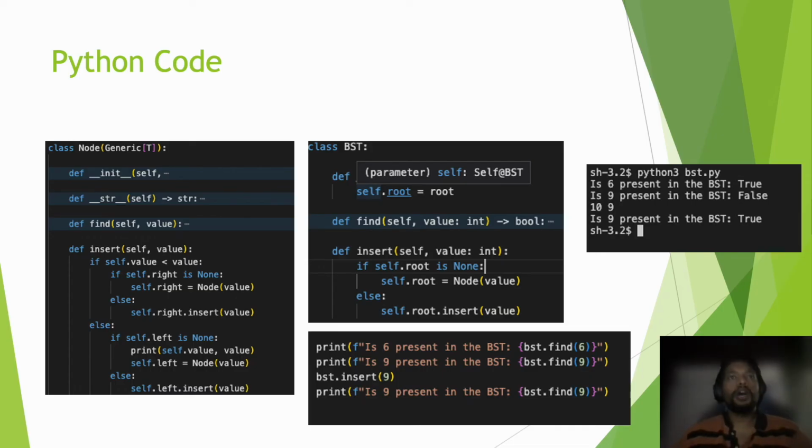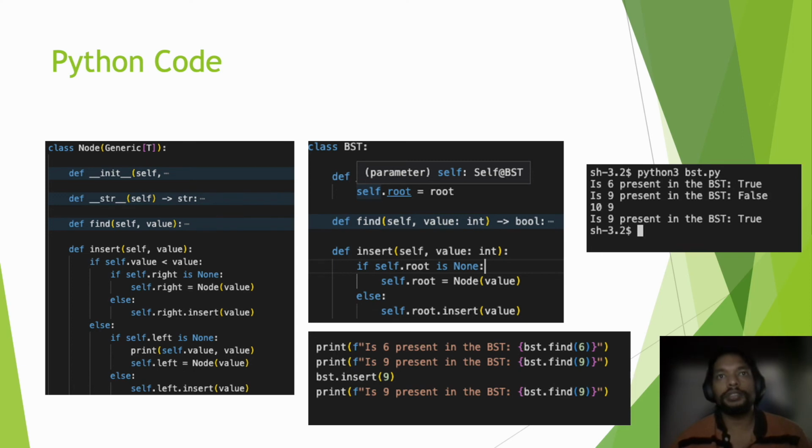So now we are going through the Python code for that. In the node part, we are just adding insertion logic. This is the first part. We are checking the root node. If self.value is less than value, and if self.right is none, that means the right child is not present, then for self.right we create a new node and attach it.